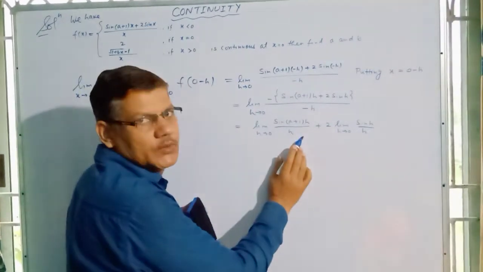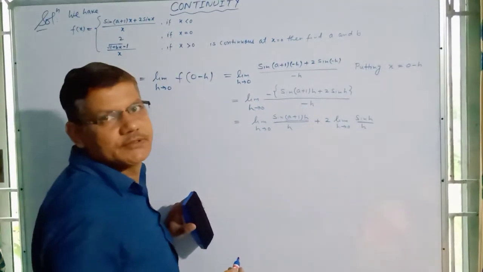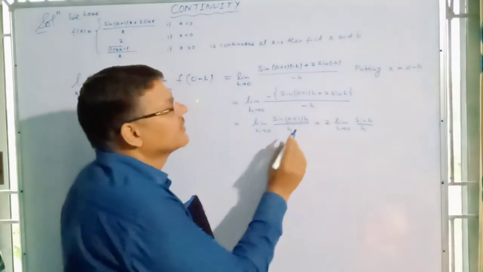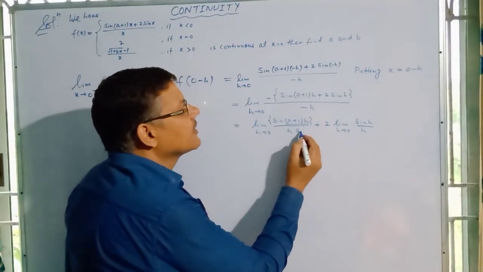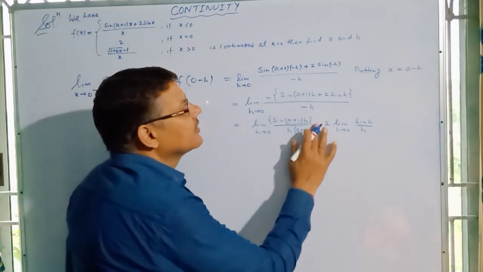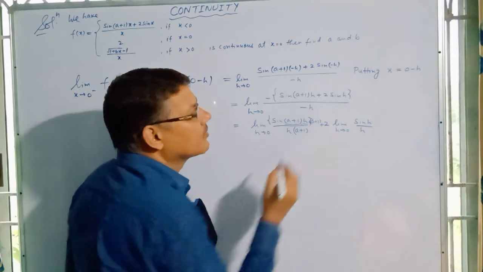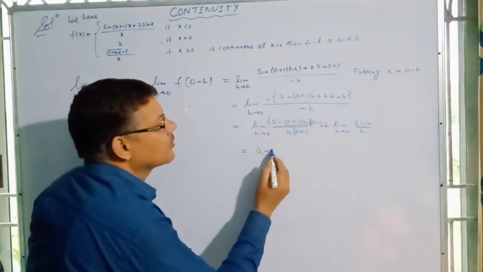This we are required to set. Since here we are having (a+1) into h, in the denominator also we require (a+1) into h. That's why we multiply and divide by (a+1), and the same thing in the numerator, so that (a+1) is balanced.